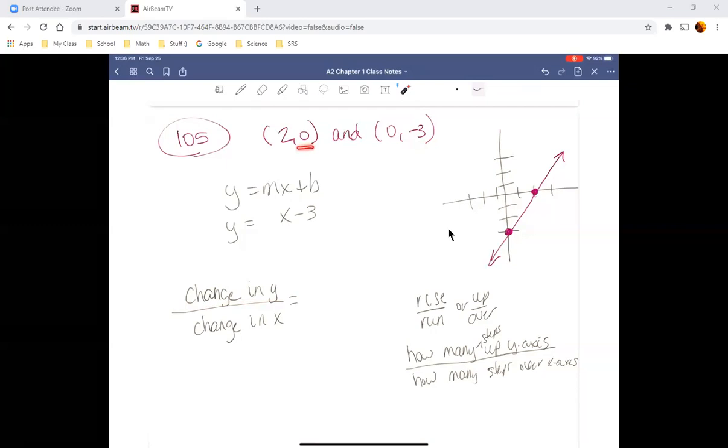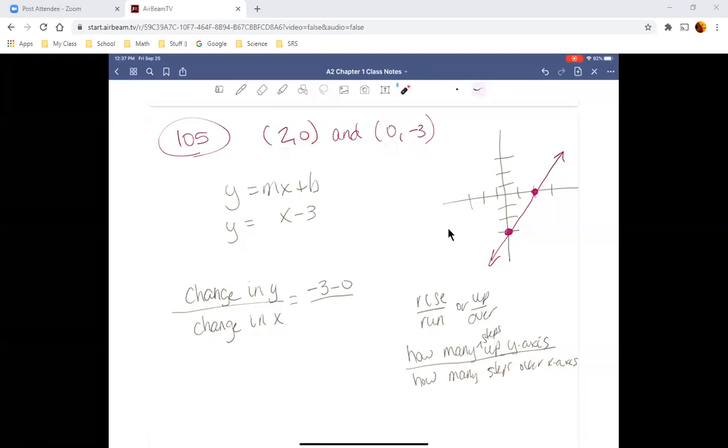It doesn't matter: you can do the first one minus the second one, or the second one minus the first one. Which way do you want to go? Second minus first. So then we would be doing -3 minus 0. When it comes to the change in x, we're just subtracting our x's. This is the only part you have to be careful on: because we went -3 minus 0, we have to go 0 minus 2.